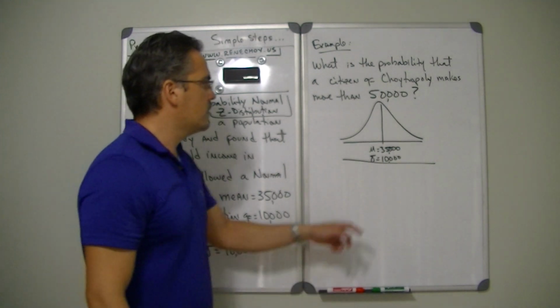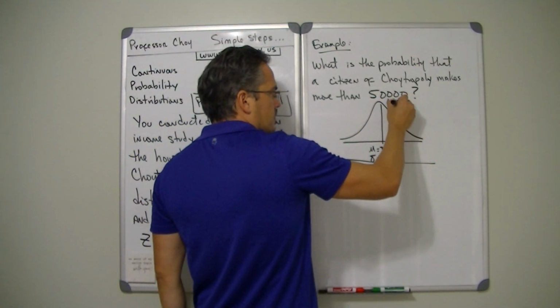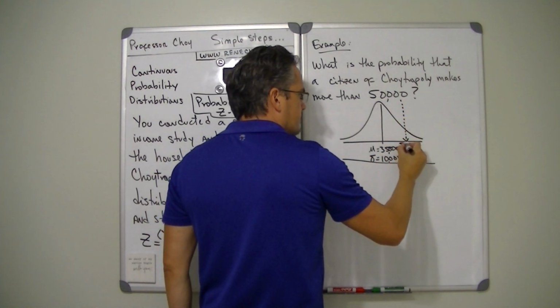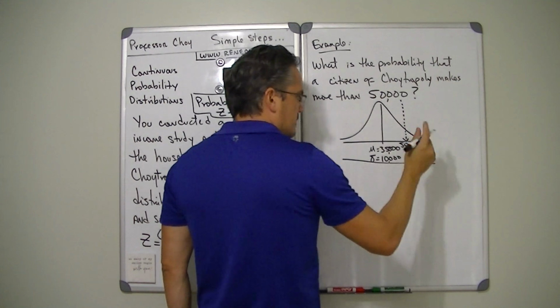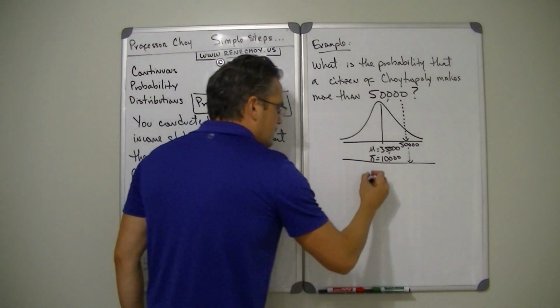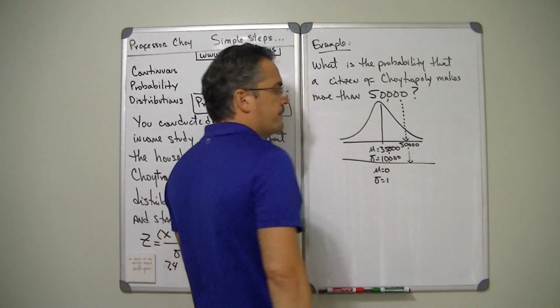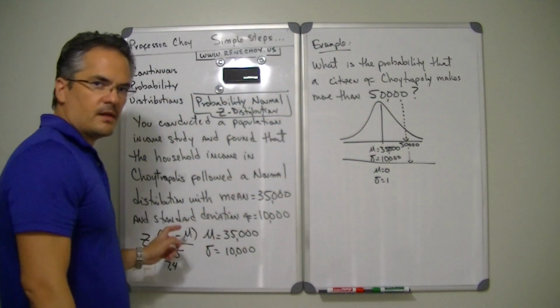Okay, so I'm going to take this 50,000, which is here, to the right of 35,000, and I got to turn it into a z value. Now I know that if I turn this into z values, I'm going to get mu of 0 and sigma of 1. So in order to turn my 50,000 into a z, I got to follow this formula here.